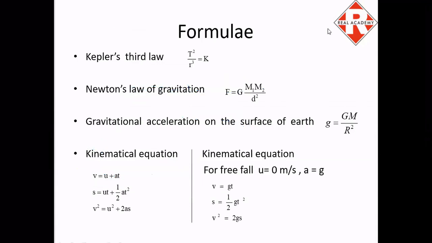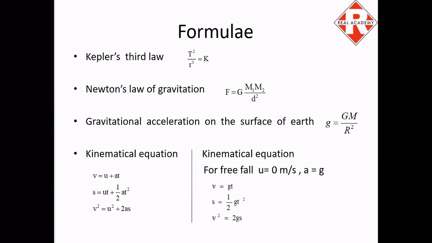So what did we do today? We saw free fall. Free fall is when the object is falling downwards only and only under the influence of the force of gravity, then the object is said to be under free fall. Under free fall, initial velocity is 0, and acceleration is given by g, that is acceleration due to gravity.